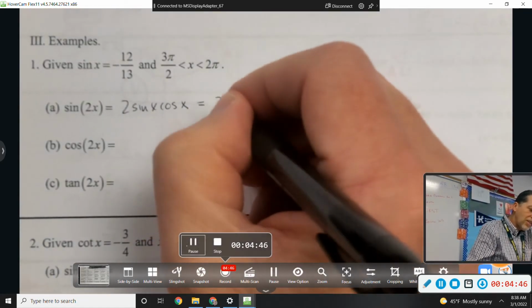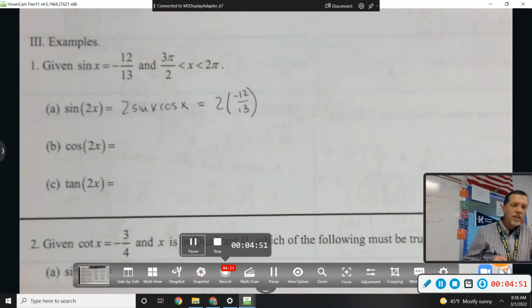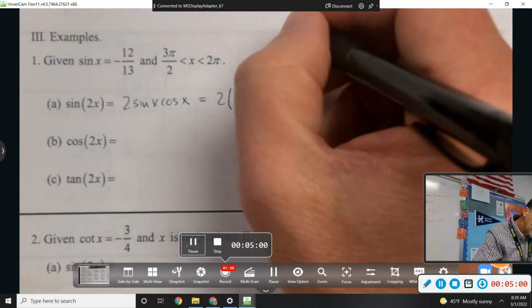Yeah, so some of this is easy. We already know what sine is, negative 12/13. How am I going to figure out what cosine is? Draw it. Do what we did yesterday. Draw the picture of it.